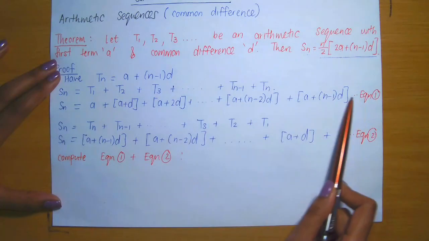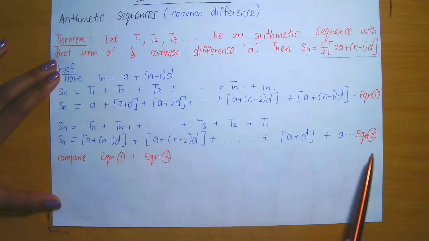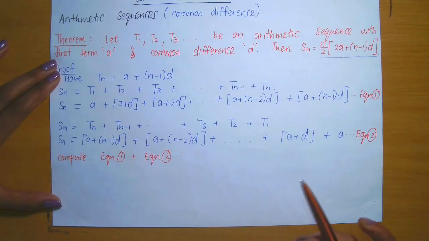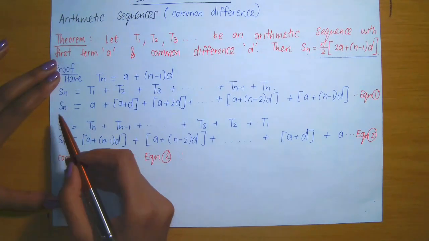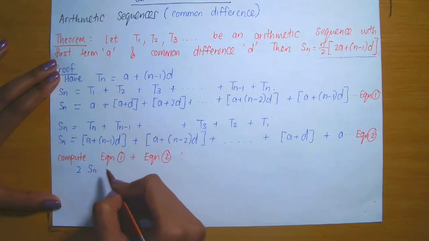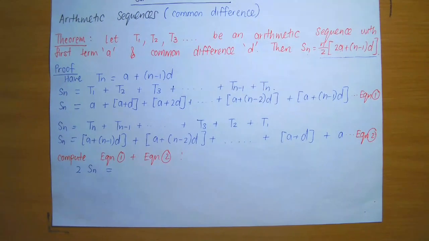So what terms do we have on the left of equation 1? We have Sn. What term do we have on the left of the equality in equation 2? We also have Sn. So we have Sn plus Sn, which is 2 times Sn. And now let's write down the sums that we have on the right-hand side.